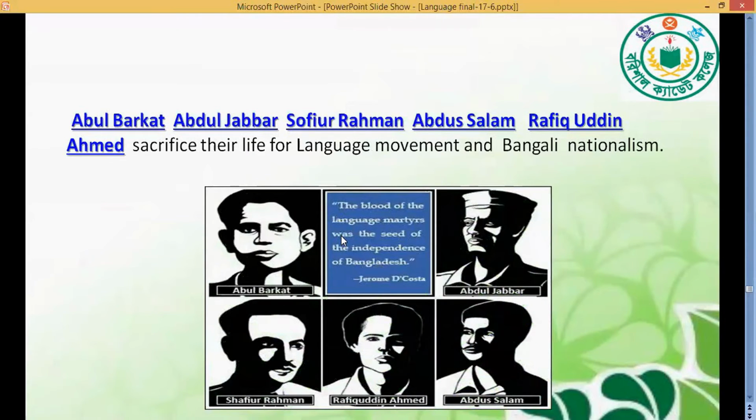Cadets, you all know that on 21st February, Abul Barkat, Abdul Jabbar, Shafiur Rahman, Abdus Salam, Rafiquddin Ahmed, Wahidullah of 9 years old, and many other students sacrificed their lives for our language movement and Bengali nationalism.